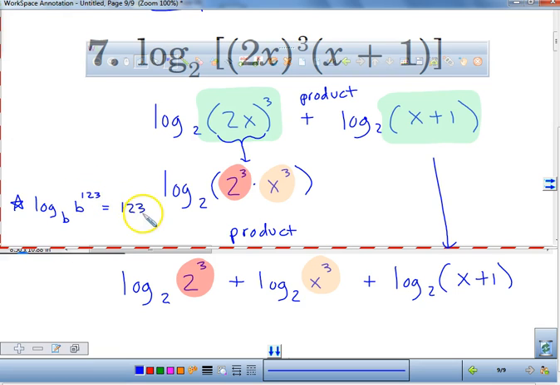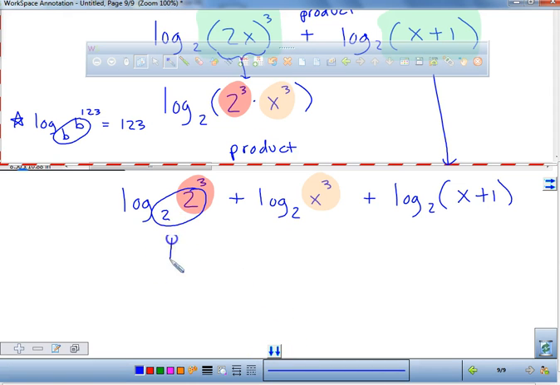If I put 1, 2, 3, that's 1, 2, 3, if and only if these numbers are exactly the same. Do we notice that these numbers right here are exactly the same? So what does this evaluate to? That evaluates to a 3. So log base 2 of 2 to the power of 3 ends up becoming the number 3.